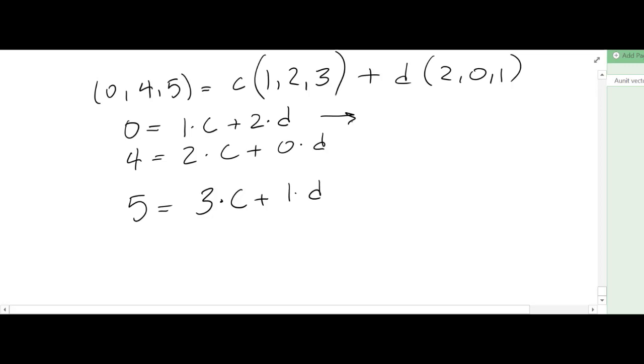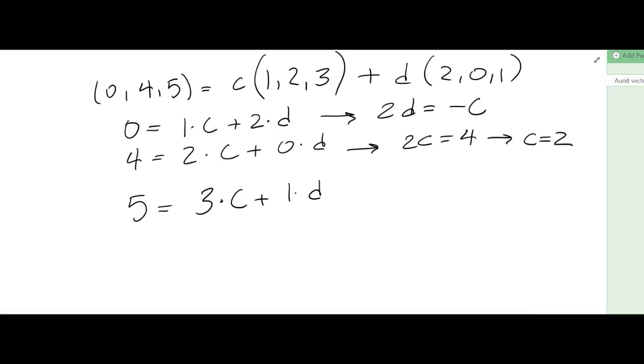So the first equation says 2d is negative c. The second equation says 2c is 4, which means that c has to be 2. If they're going to be dependent, then c has to be 2. And since we have c equals 2, that means that from this first equation, 2d equals negative 2, so d has to be negative 1. So if they're dependent, then d has to be negative 1, and c has to be 2.